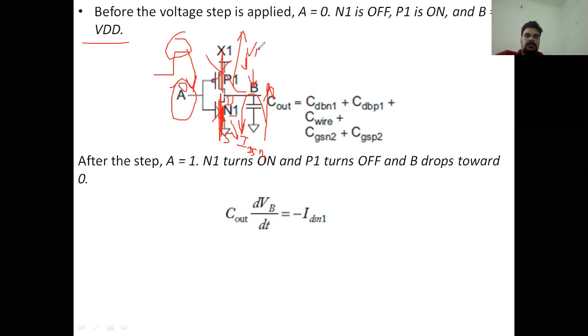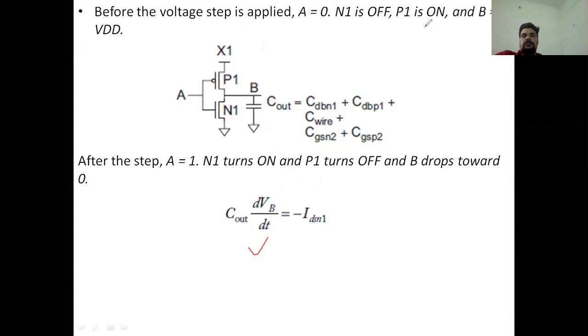So the relation that will govern it is C out dVB upon dt equal to minus IDS. Depending upon the region of operation in which this NMOS is working, we can simply put the value of current in here and we will get the output voltage. By solving this equation, we can easily get the transient response.